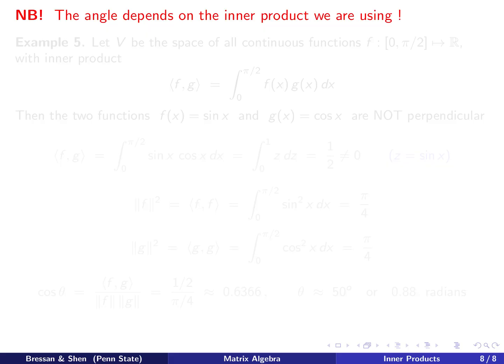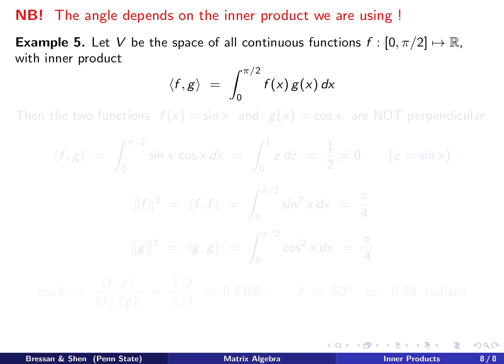Okay, an important remark we want to make here is that the angle between two elements depends on the inner product we are using. So let's see. We consider another example, also in the space of all continuous functions.